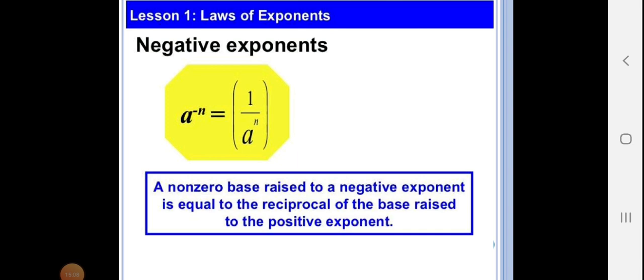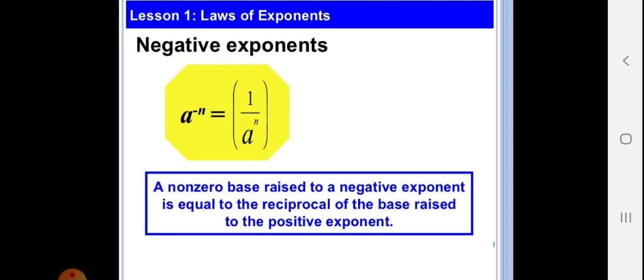Now the negative exponent. Whenever any number is with a negative exponent or negative power, you have to take that number into the denominator. So suppose the number is in the numerator, you will take the number to the denominator, so the power turns positive. But if the number is itself in the denominator, you will reciprocate it and bring it to the numerator. So your power becomes positive. Your number or base could be negative, but your power cannot be negative.